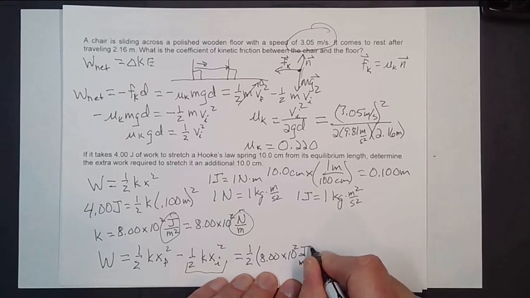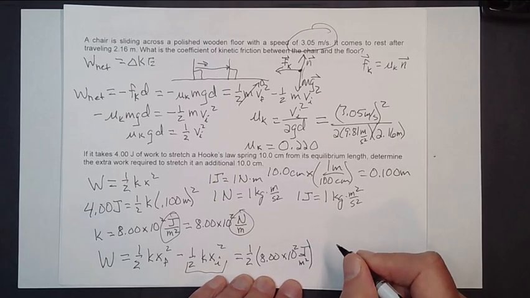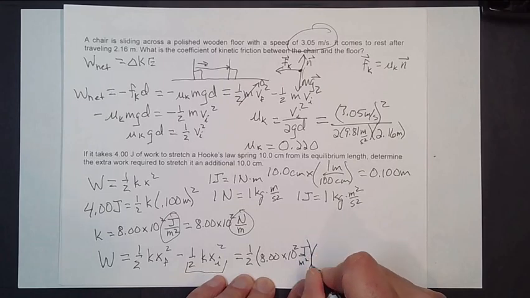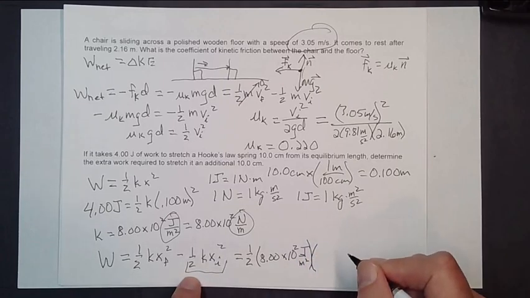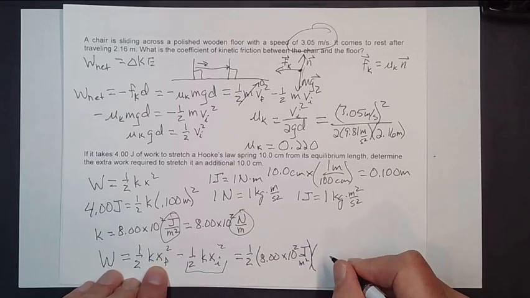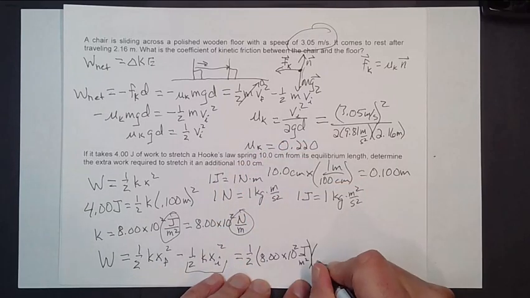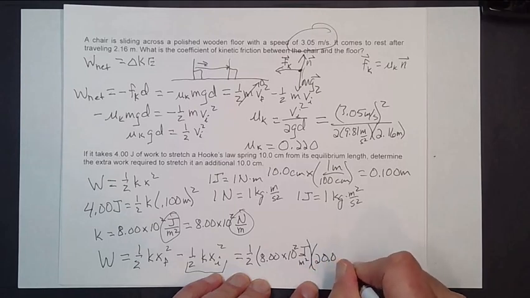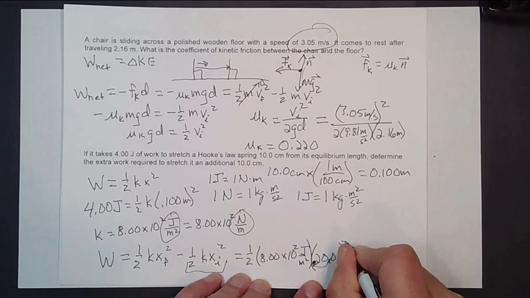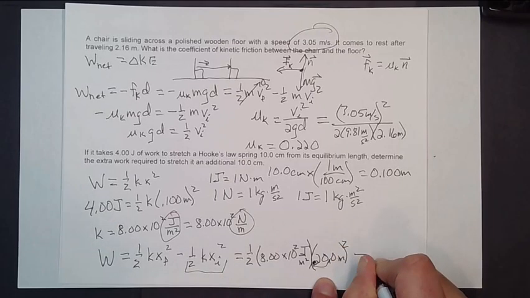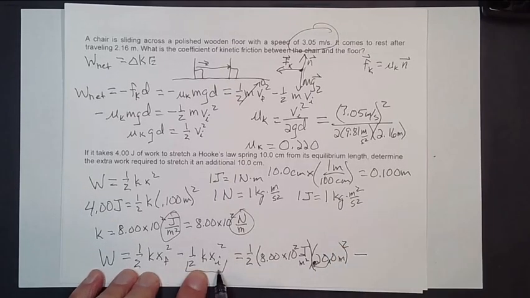We have lots of different versions, but that one will work. And then I'll be multiplying that by x final. An additional 10 centimeters is going to be x final. We'll put this at 0.200 meters, and we square that, and then we'll subtract away 1/2 k x initial squared.